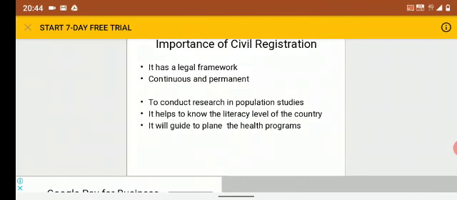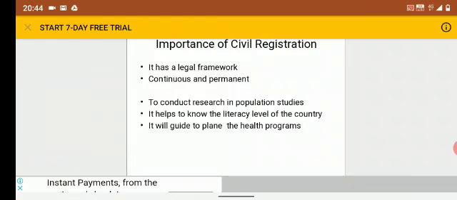After understanding the features, let us look at the importance of civil registration. It has a wider scope and significant importance because it has a large framework. It has a legal framework and legal protectiveness.